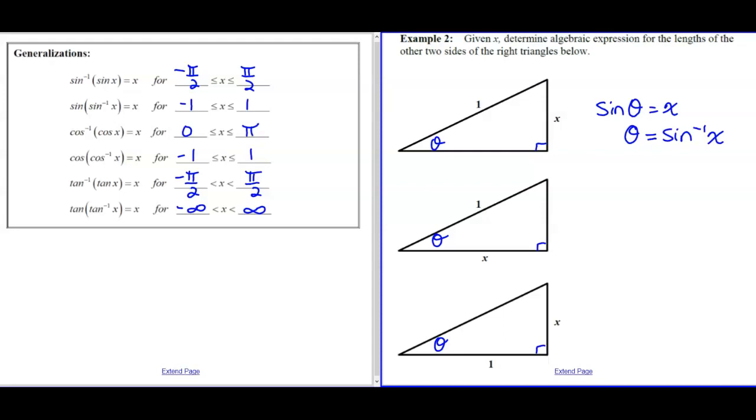Right now you can see it asks you to determine an algebraic expression for each missing side in those triangles. I'll give you a minute to do that. They're all right triangles.